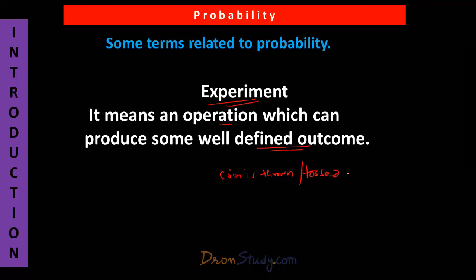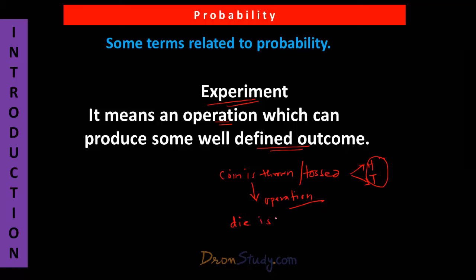Coin is tossed, it will either have head or tail as an outcome. So this operation which produces the well-defined outcome is called an experiment. So coin is tossed is an operation.